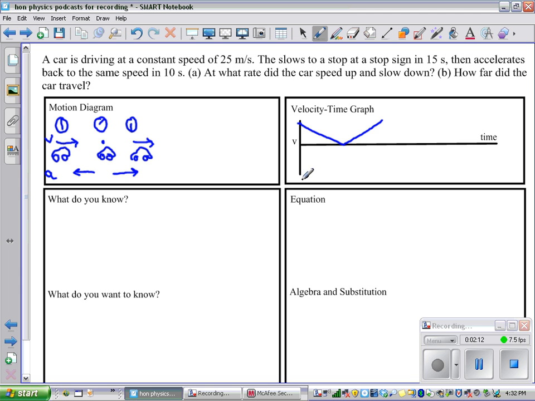So let's think about what we know in this problem. We know that the initial velocity, the start of the problem, was 25. And let's concentrate on this first interval first. We know that the final velocity in that interval is 0.